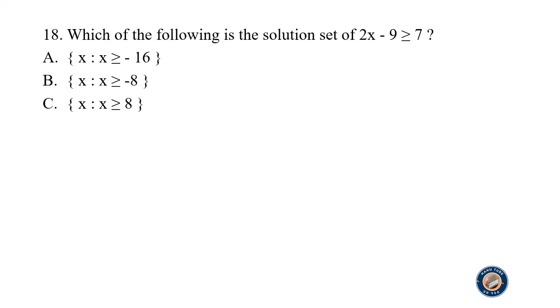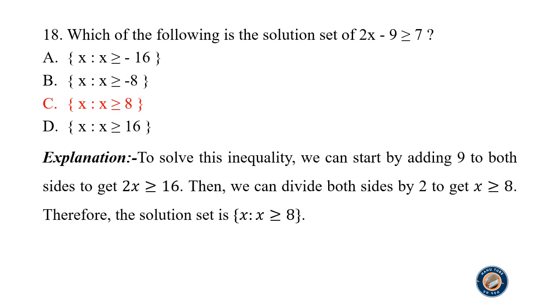C. X such that x greater than or equal to 8. D. X such that x is greater than or equal to 16. The answer will be x such that x is greater than or equal to 8.